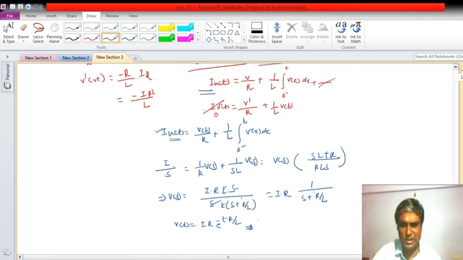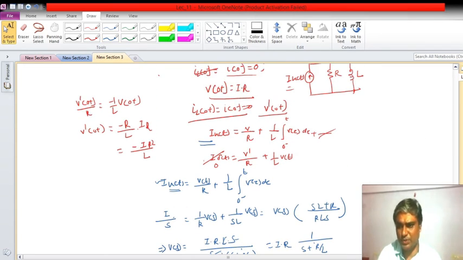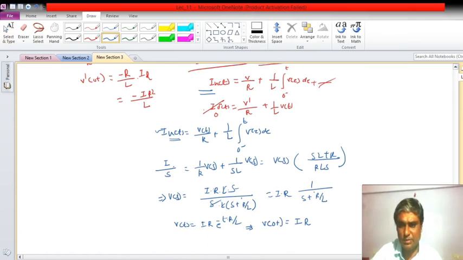If I would like to calculate from this V of 0 plus, what will it be? It will be IR, and we have obtained that V of 0 positive is IR. It satisfies that. Similarly, if I would like to calculate V dash, what will be V dash of t?